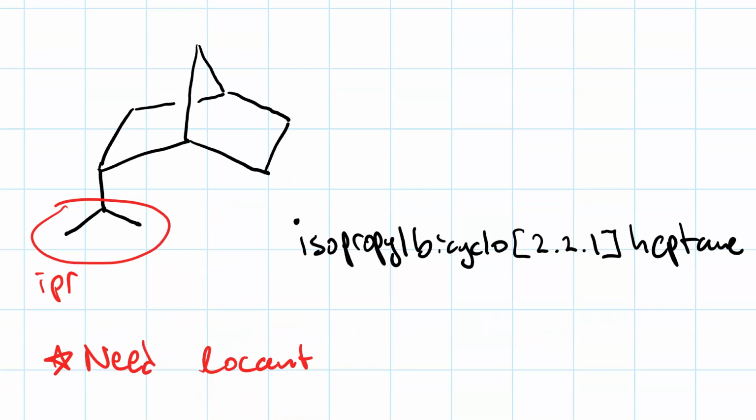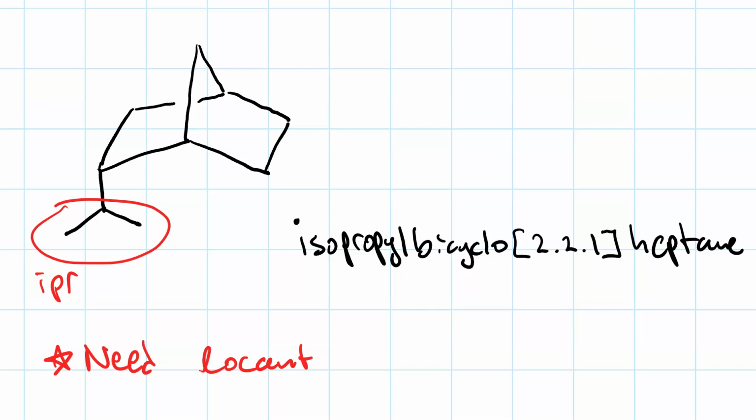So, how do we number this ring? Well, first of all, number 1 is always going to be one of the bridgehead carbons. And then you want to go through the longest ring first, or the longest bridge first. And you want to set it up so that you give the lowest locant to your substituent.